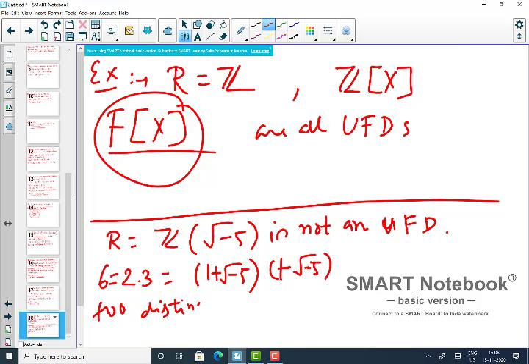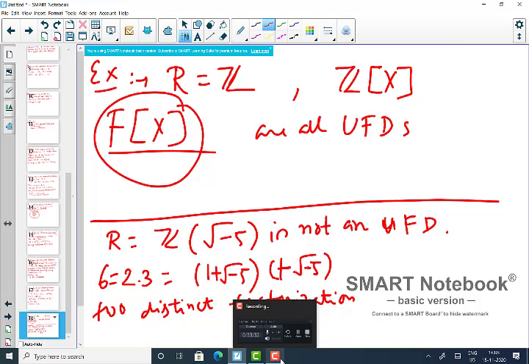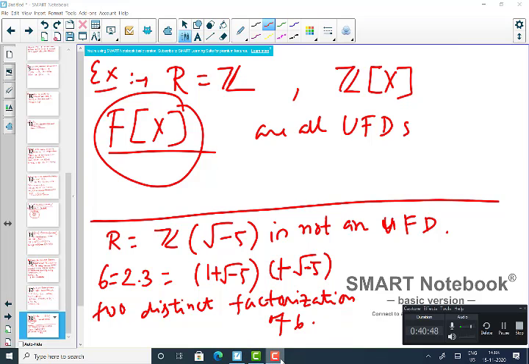That shows that this is not a unique factorization domain, because you cannot factor this uniquely as a product of irreducibles. This is an example of a ring which is not a unique factorization domain.